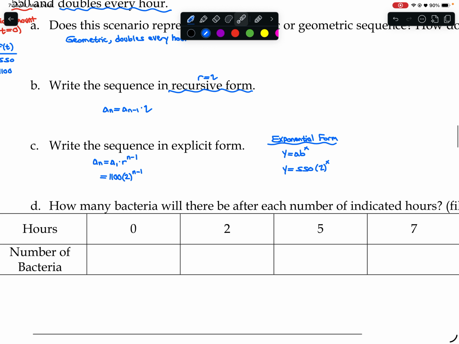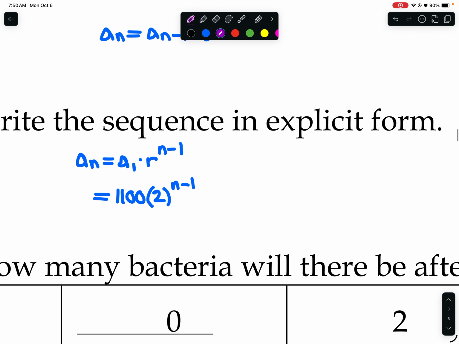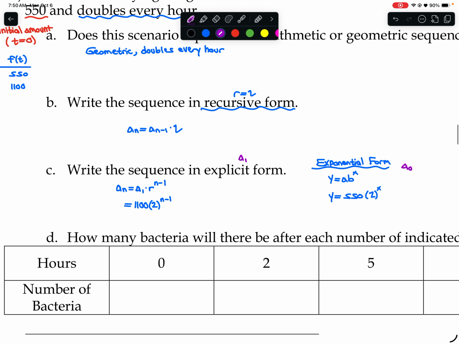Once again, just to reiterate, exponential is going to use term 0, whereas the explicit form, we're going to use the first term. So you've got to be very careful and know when we're using a 0 term versus when we're using the first term.